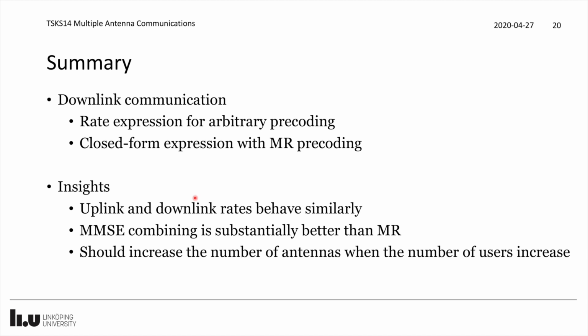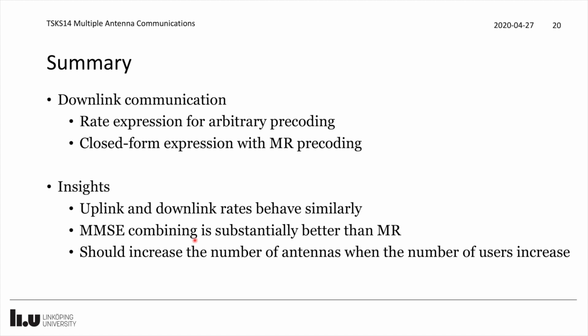In the uplink, every user is sending interfering signals, so they are going through their channels to the base station, while in the downlink, all of the interfering signals are sent from the base station. So it's only the user's own channel that comes into the SINR in the capacity expression. We observe that MMSE combining is substantially better than MR, but we are still seeing the same type of trends in both of the cases.